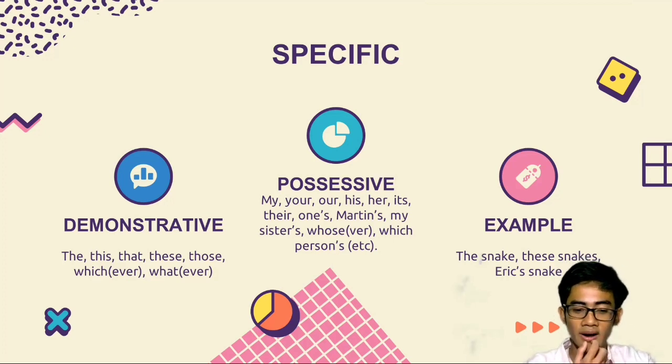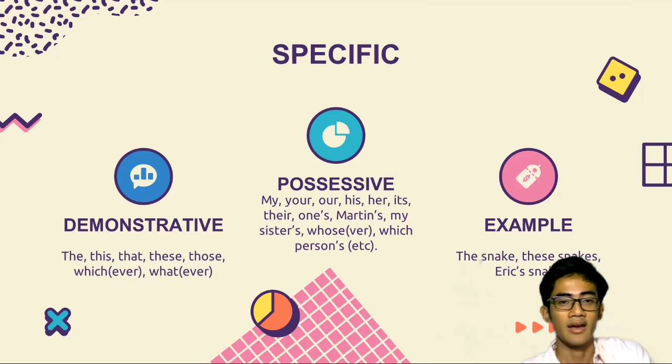Which one of these is demonstrative and which one is possessive? This snake and these snakes are demonstrative because they don't indicate that the snake belongs to someone else, while Eric's snake indicates that the snake is Eric's. That is the difference between demonstrative and possessive, but both are deictic.